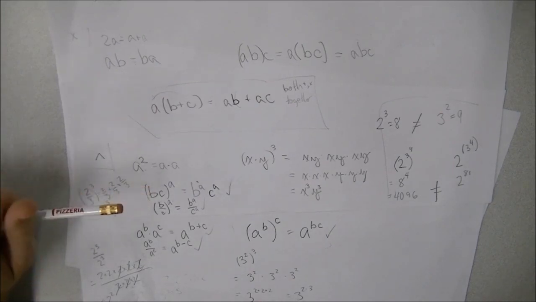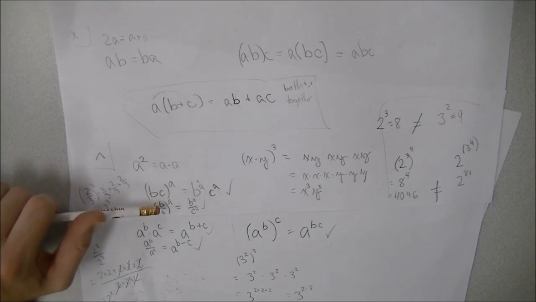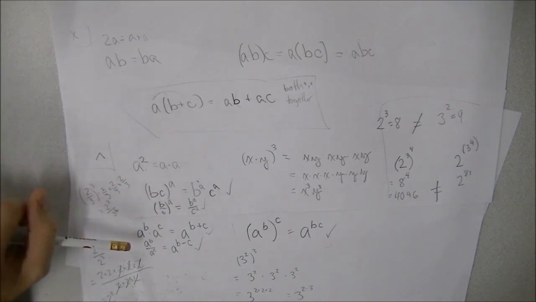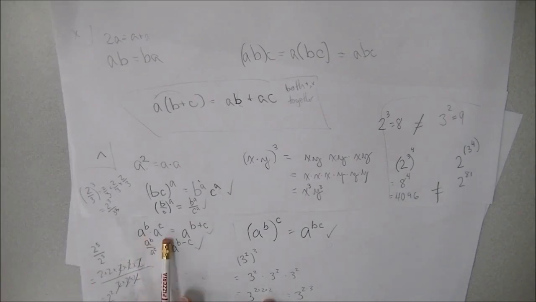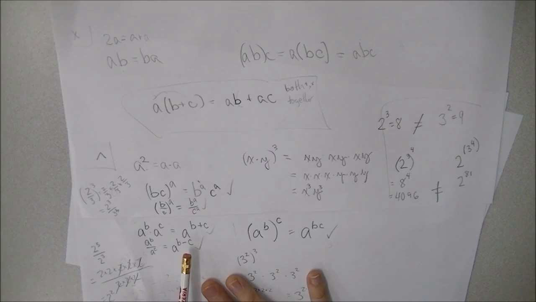Exponents distribute both across multiplication and across divisions. Okay. Also, if you have a base that is the same, there's kind of this sort of weird distributive thing, but it doesn't feel so much like distributing.